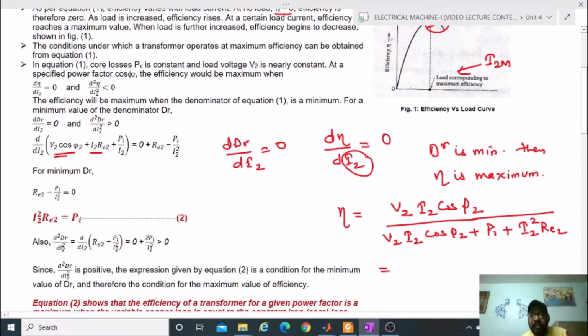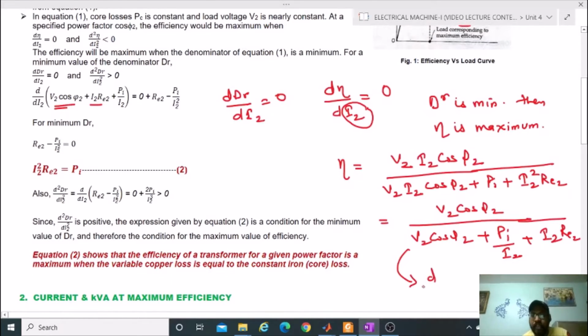We will just divide the numerator and denominator by I2. So V2 into cos phi 2 divided by V2 into cos phi 2 plus Pi by I2 plus I2 into Re2. Okay, now we will differentiate this denominator.